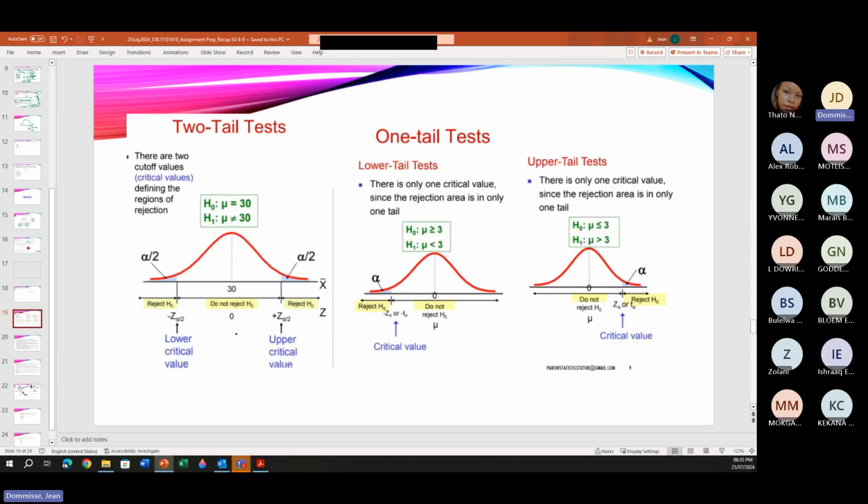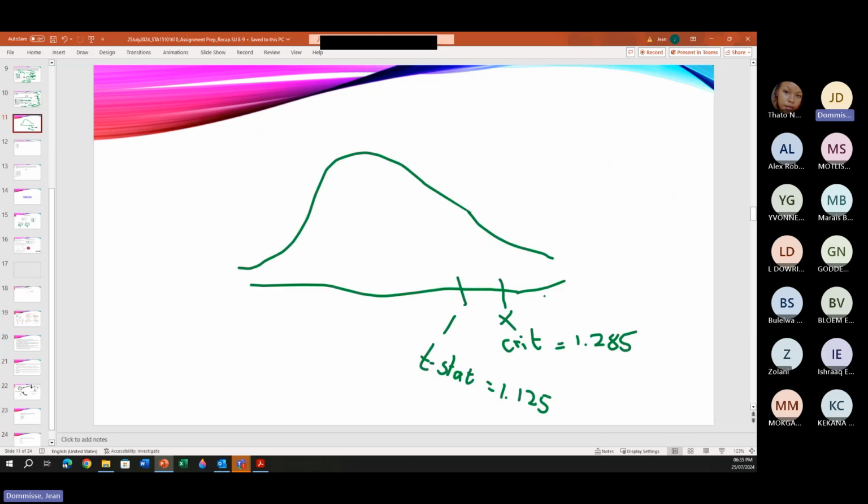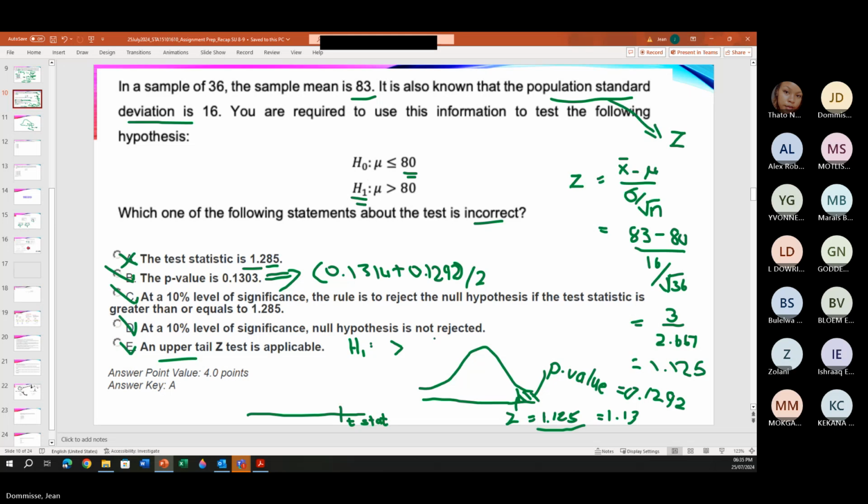Oh, and I should have actually showed you on this one. Okay, so if it then falls into that area, we do not reject. So you guys can actually use this as a reference. So if it falls within the left-hand side, we do not reject. So it falls within that, it is not rejected.